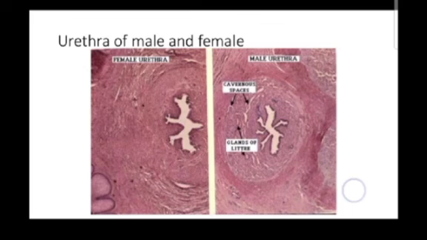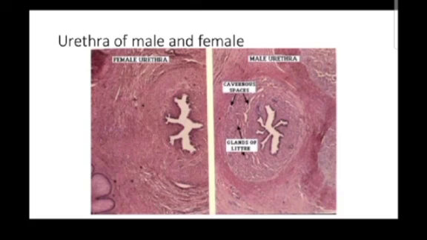There are some mucus secreting glands which are known as the glands of Littré, and they are found along the entire length of the urethral mucosa, being most numerous in the dorsal part of the penile urethra. In the prostatic and membranous parts of the male urethra, some smooth muscle is present outward to the mucosa, forming a muscularis.